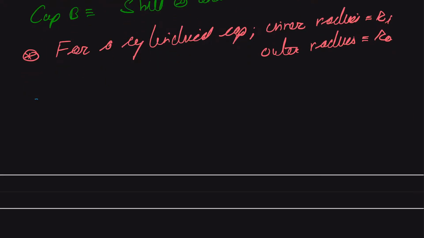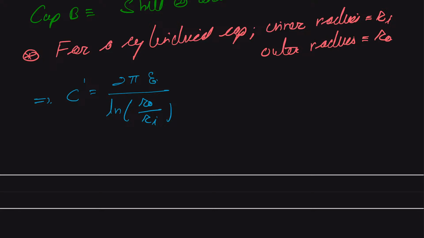Therefore its capacitance, suppose C prime, will be equal to 2 pi epsilon naught divided by natural log of R naught upon Ri. This is a standard formula for cylindrical capacitors.